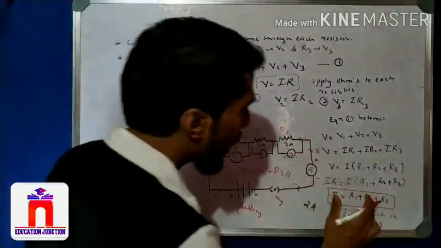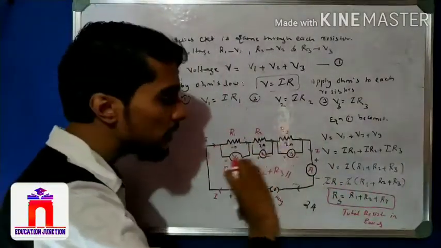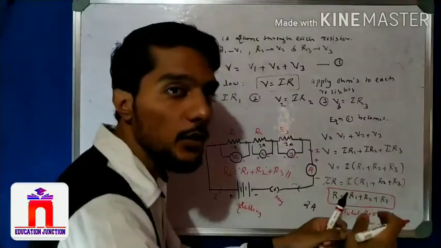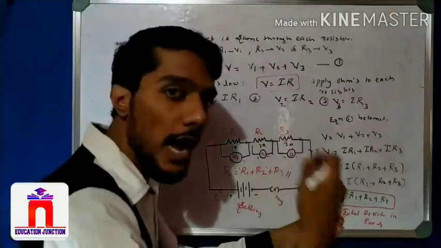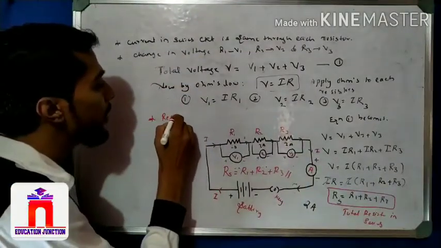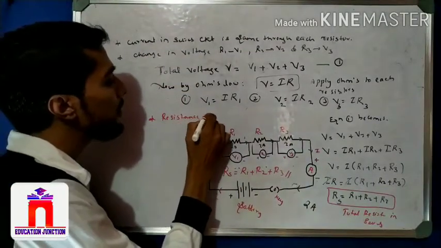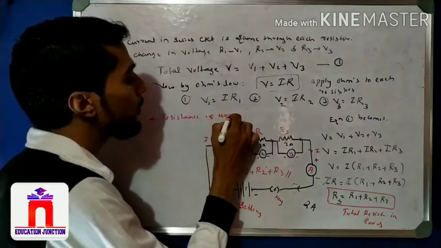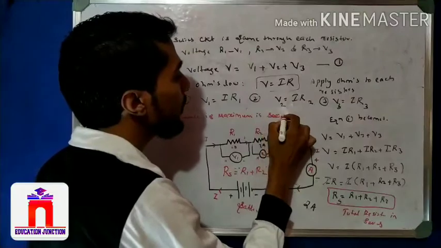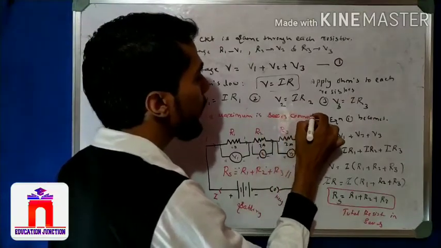So when we connect resistances in series, the resistances just add up, and the resistance is maximum in a series connection. You have to remember that one.